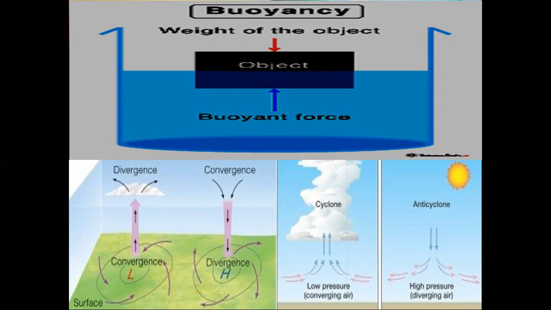A rising pressure indicates increasing stability, while a falling pressure indicates the weather becoming more unstable. The converging wind movement around a low pressure is called the cyclonic circulation, and around a high pressure, the wind divergence and movement is called the anticyclonic circulation.